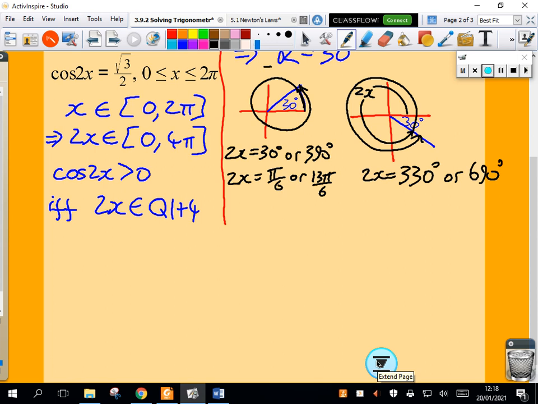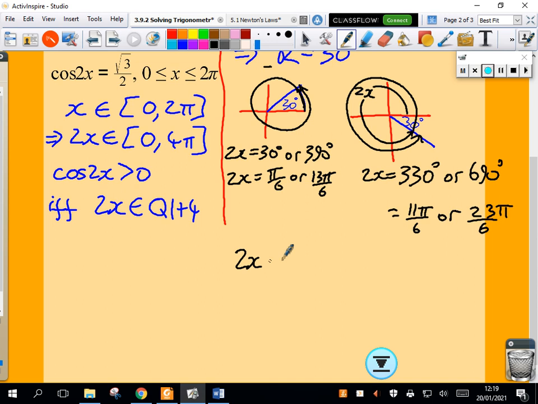Okay. So again, changing those into radians, that would be 11 pi over 6 radians, or 23 pi over 6 radians.